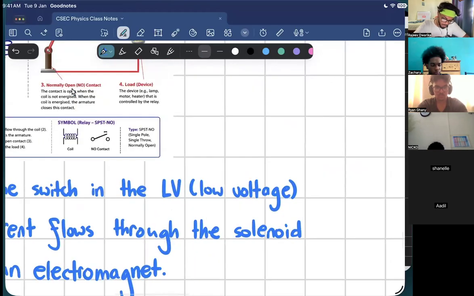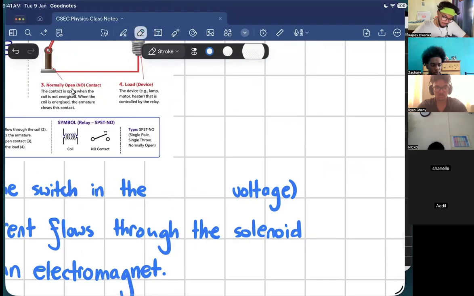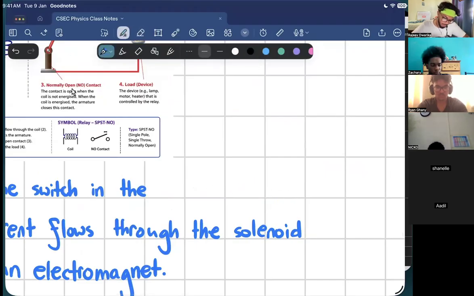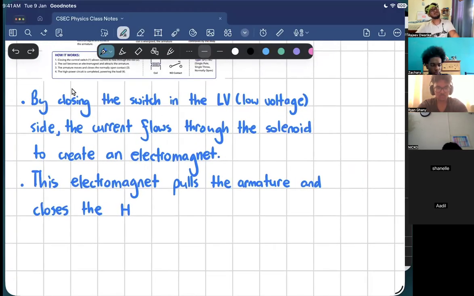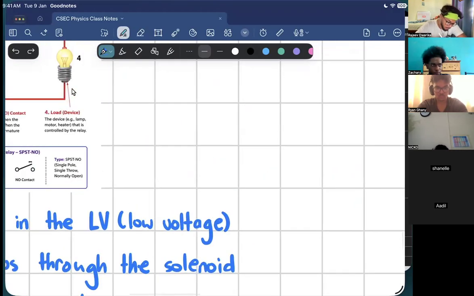Instead of low voltage, I mean, that's not wrong, but we should typically just say low power to be general. Actually, no, we can stay with low voltage because that's when you typically use a relay. So you could either say low voltage or low power, but it's typically low voltage from what we do in electrical engineering.